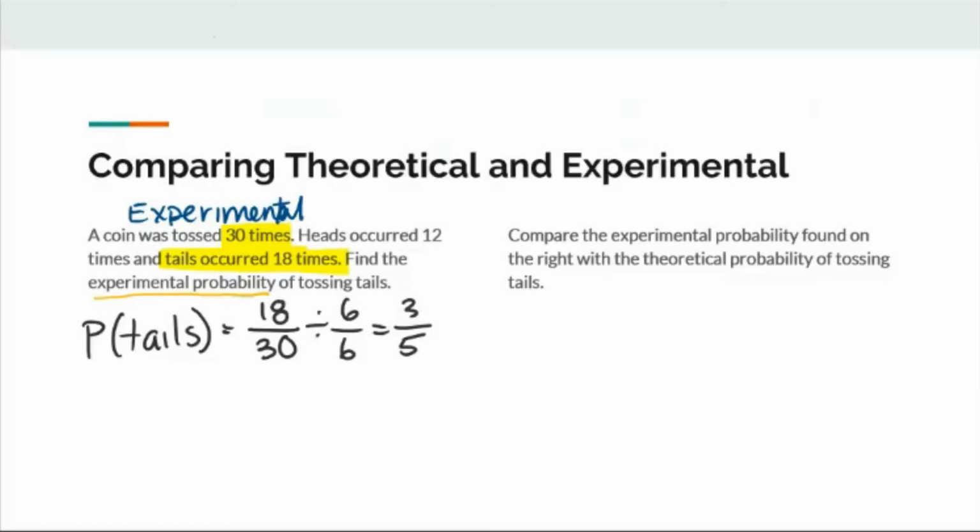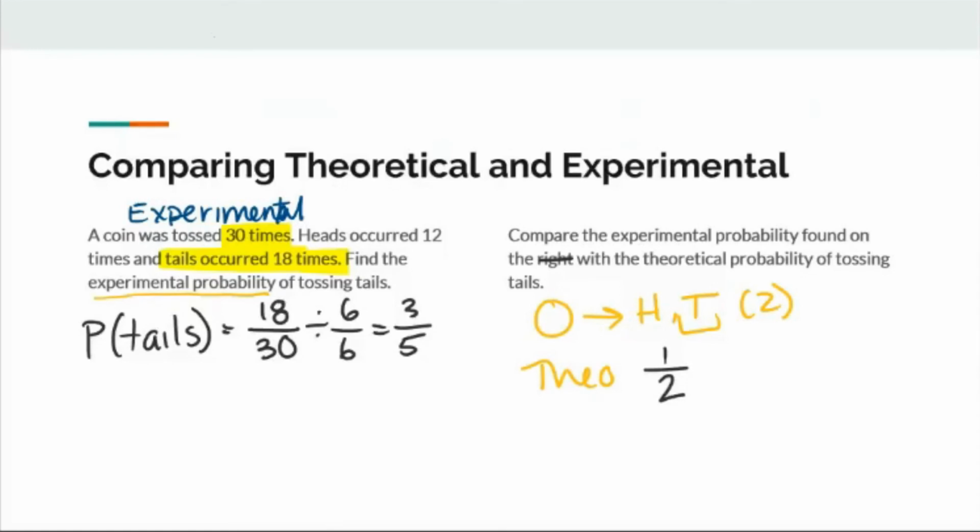On the right, it says compare the experimental probability found on the left with the theoretical probability of tossing tails. Well, we know that if we toss a coin, our only outcomes are heads or tails. Well, that's 2 outcomes here. And only one of those outcomes is tails. So the theoretical probability is going to be 1 out of 2, 1/2.